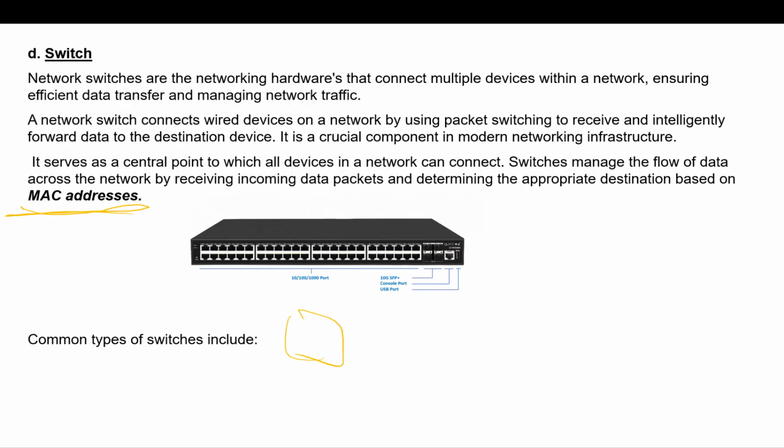For example, this computer gets a MAC address that the manufacturer put, which looks like AB dot dot CD dot dot. You must have seen them on your phone or your laptop, right? Now, if a packet goes from this computer to this one, it will look inside for this MAC address. If you see this MAC address, you know it belongs to this computer, so it sends the information. That is the layer 2 switch.